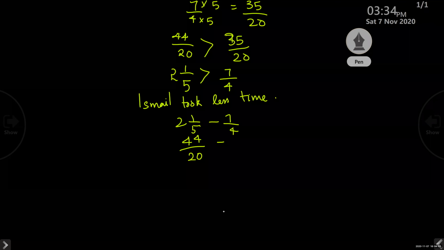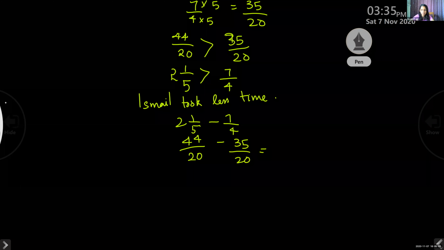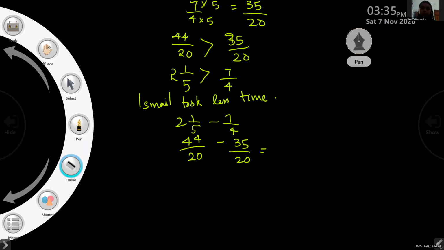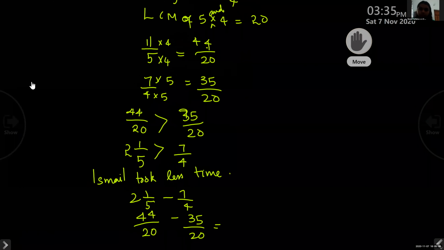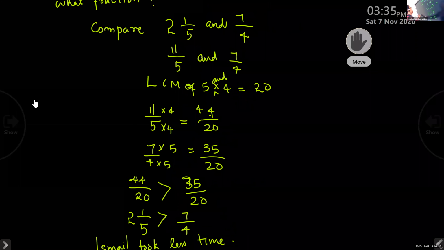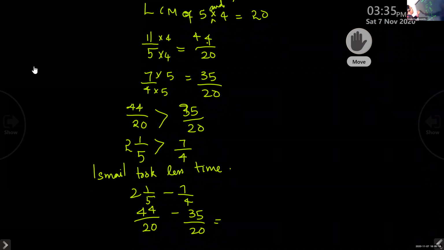One minute, let me check. 2 and 1 by 5 came as 11 by 5, and 11 by 5 is 44 by 20.